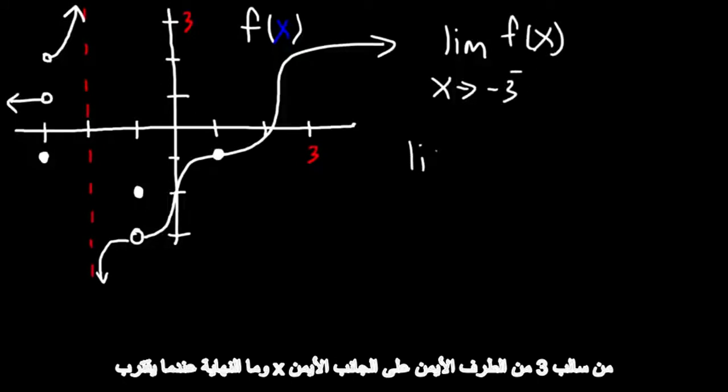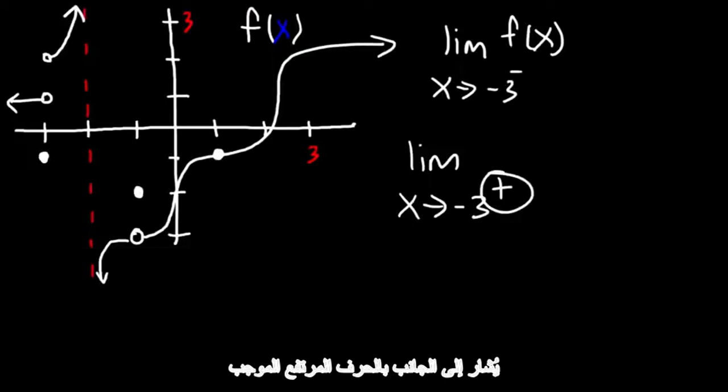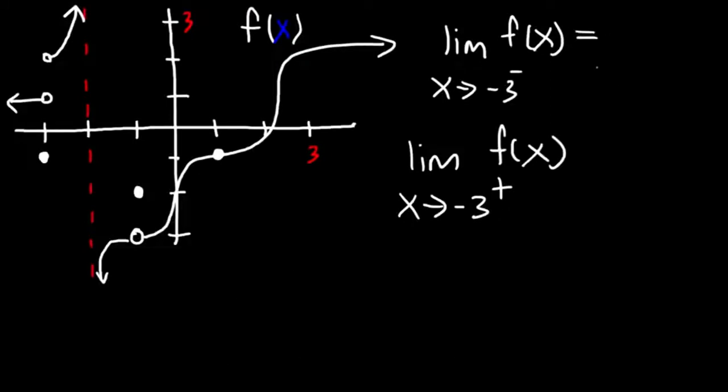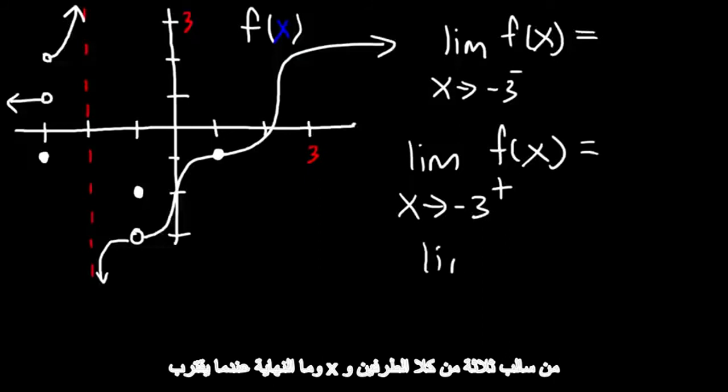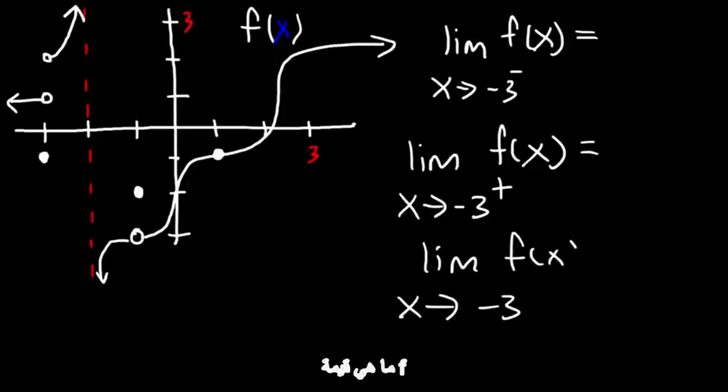And what is the limit as x approaches negative 3 from the right side? The right side is indicated by the positive superscript. And what is the limit as x approaches negative 3 from either side? And finally, what's the value of f of negative 3?